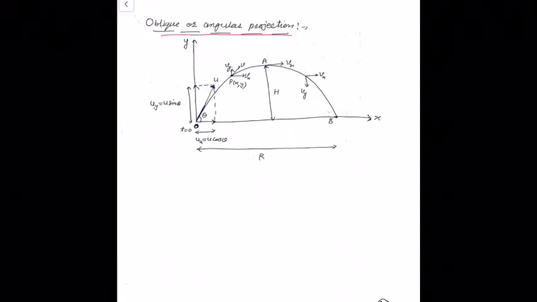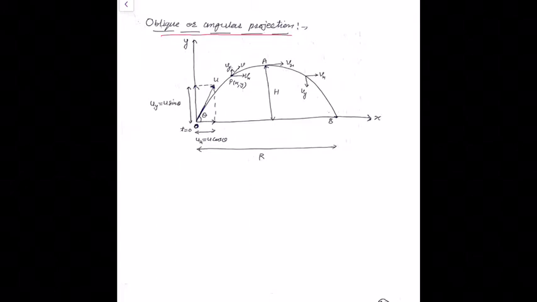The velocity of the particle can be resolved into two mutually perpendicular components: horizontal component and vertical component. The horizontal component remains unchanged throughout the flight. The force of gravity continuously affects the vertical component. The horizontal motion is a uniform motion and the vertical motion is a uniformly accelerated or retarded motion.